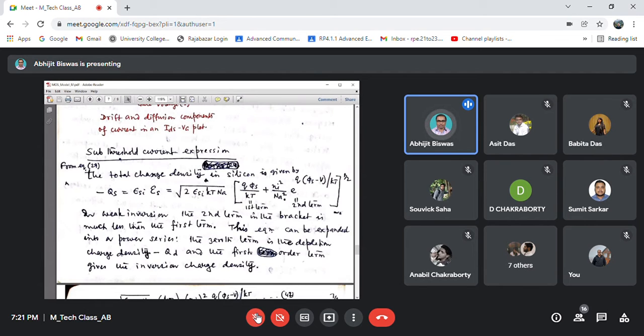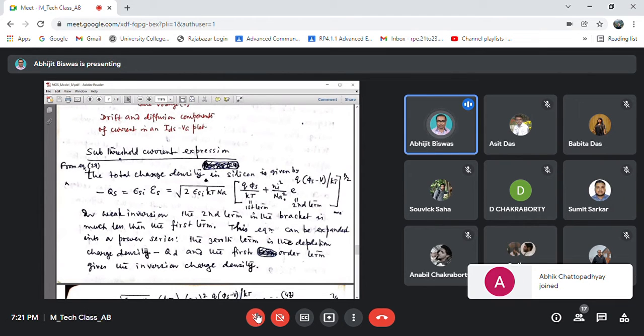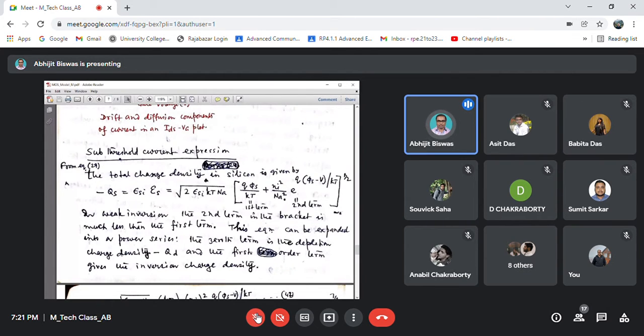So minus Qs is equal to minus epsilon into surface electric field Es, which can be given by this equation. The first term is Q phi s by kT, and the second term is ni square by Na square e to the power minus Q into (phi s minus V) divided by kT, whole to the power half, with a multiplying factor of root over 2 epsilon silicon kT into Na.